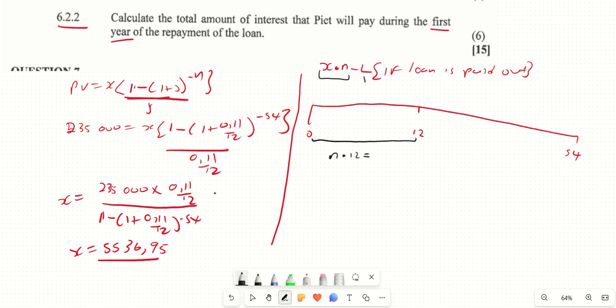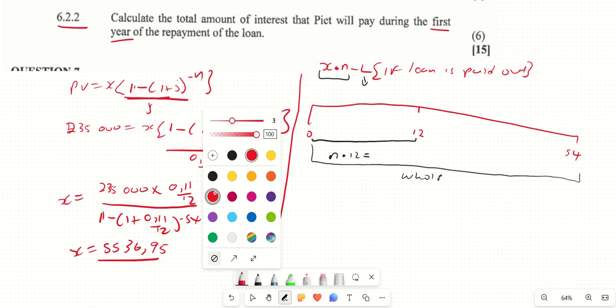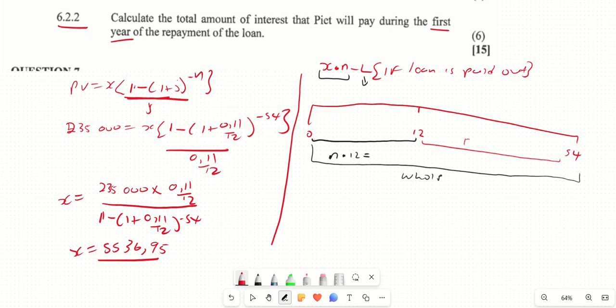Now to deal with the loan, we focus on this part. How much was the whole loan? This is the whole loan. We subtract the balance outstanding. If this is 12, now we need 54.